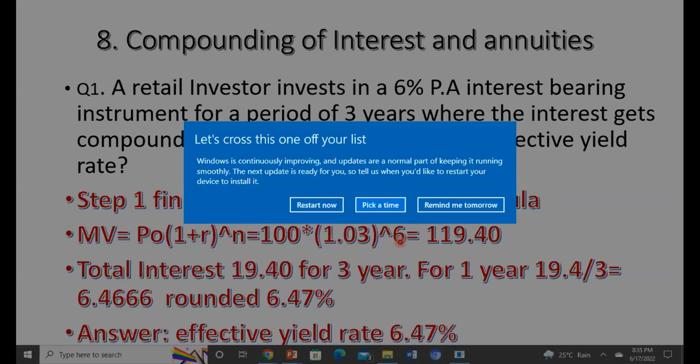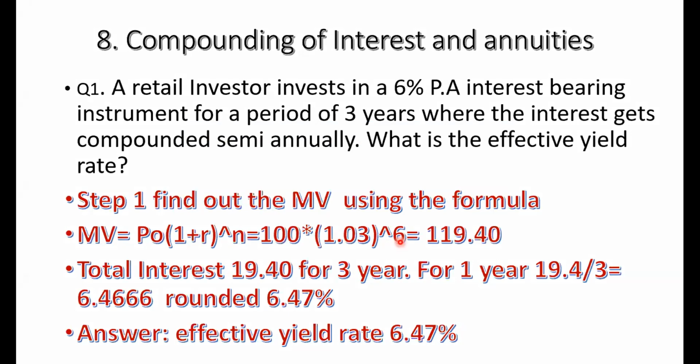Yes, boss. Have you got it or not? How many of you got 1.015 to the power 12? How many of you have got it correct? Nobody is answering. Are you practicing or not? How many of you are getting the answer?